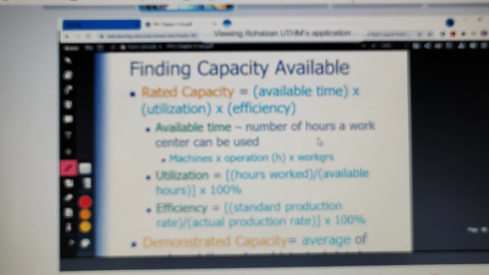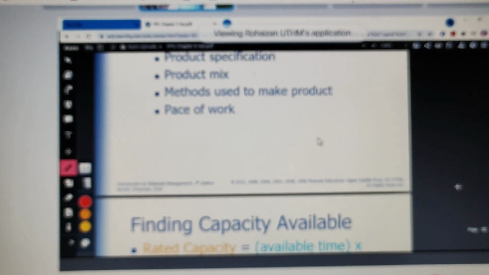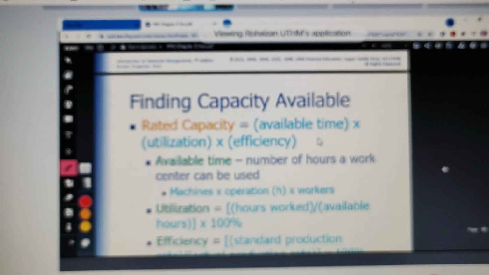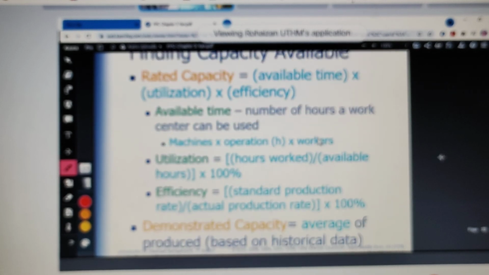So the pace of the workers and the machine affects the capacity available. And the method used to make the product: if the product is tedious, it means the process is longer, and so on.